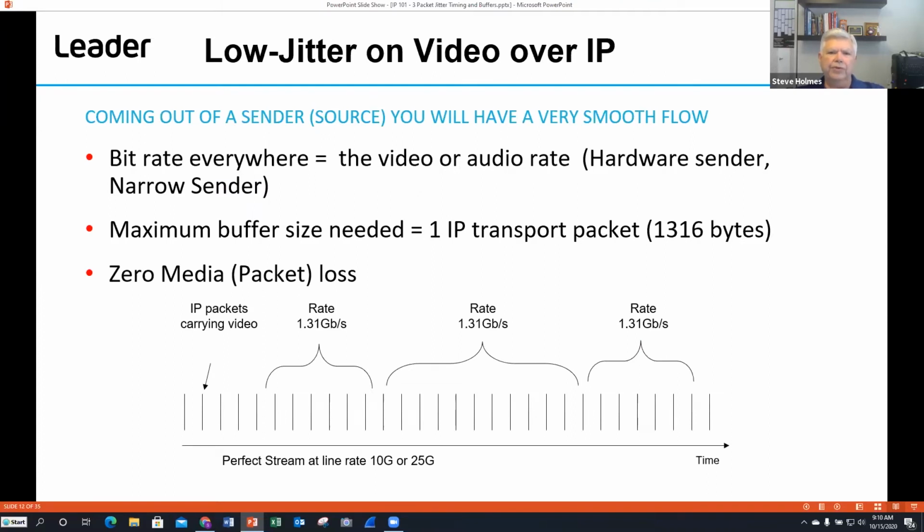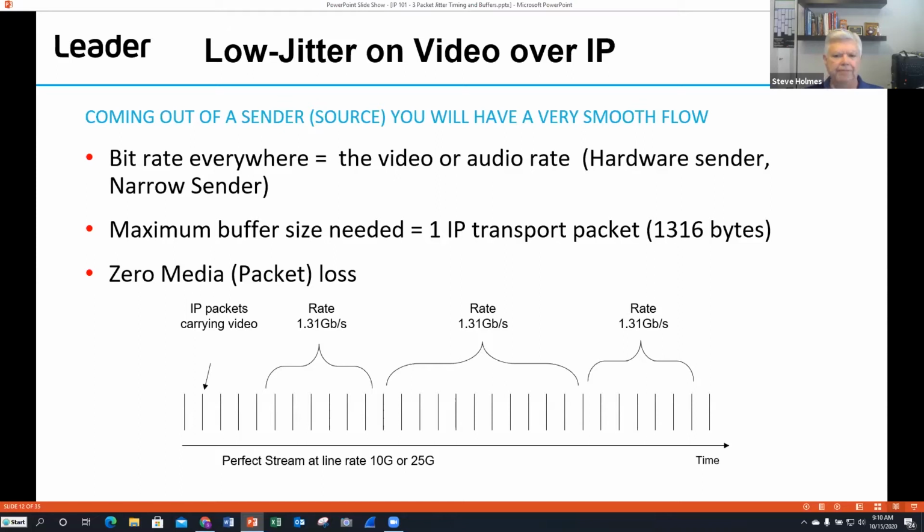So one of the unique things about the IP network is that the data rate is going to be coming out at somewhere right around about 1.3 gigabits for a 1080i output. But the line rate of the data is going to be moving at either 10 gigabits or at 25 gigabits.